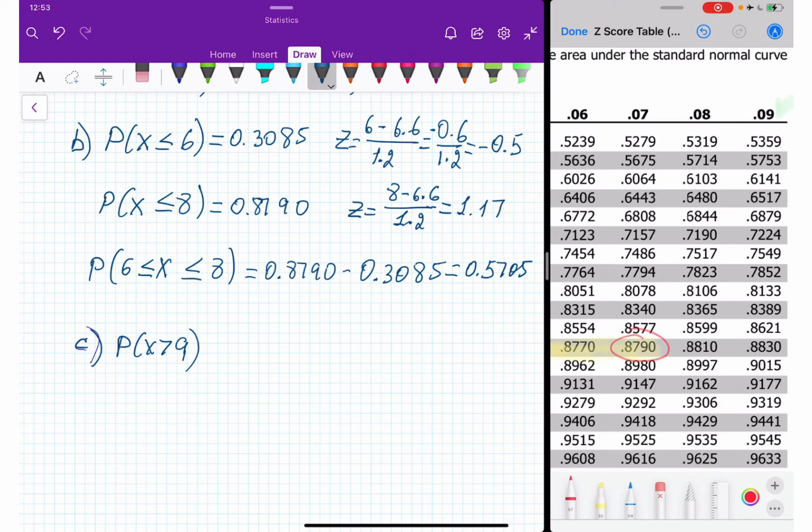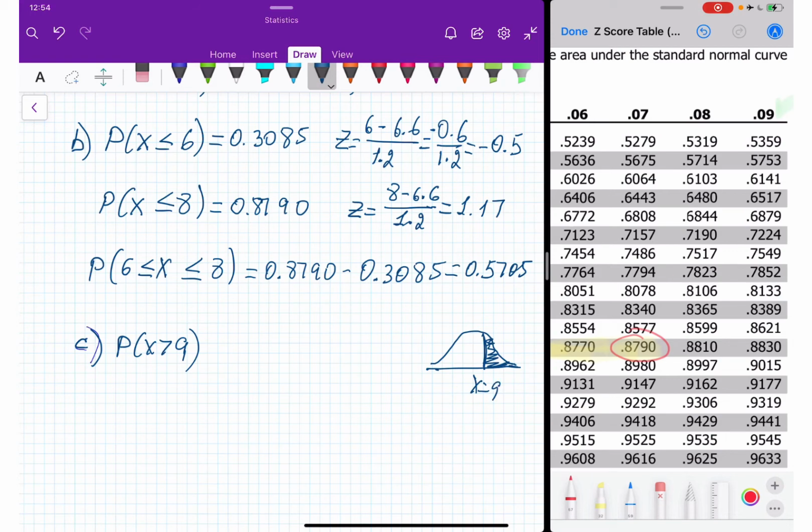Because it has a greater right tail. Assuming this is a normal distribution, if this is 9, it says more than 9, which means we are going to look for this area greater than, right?